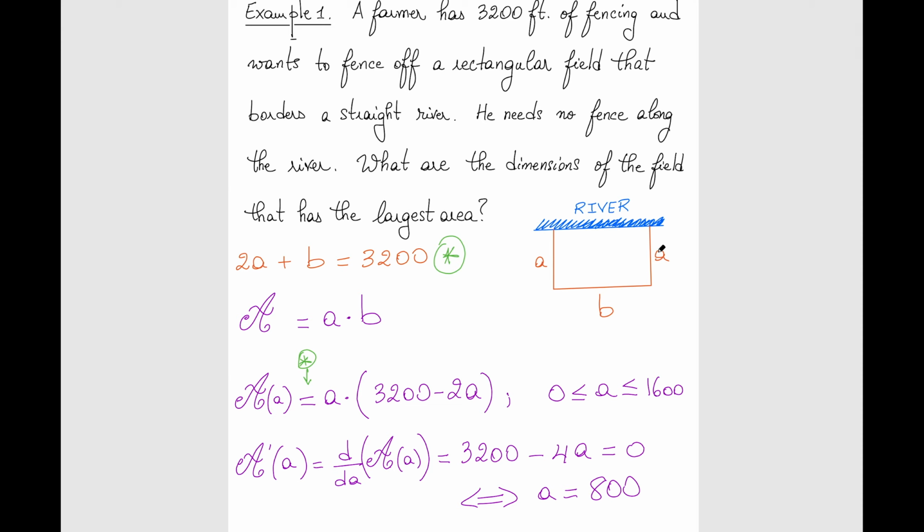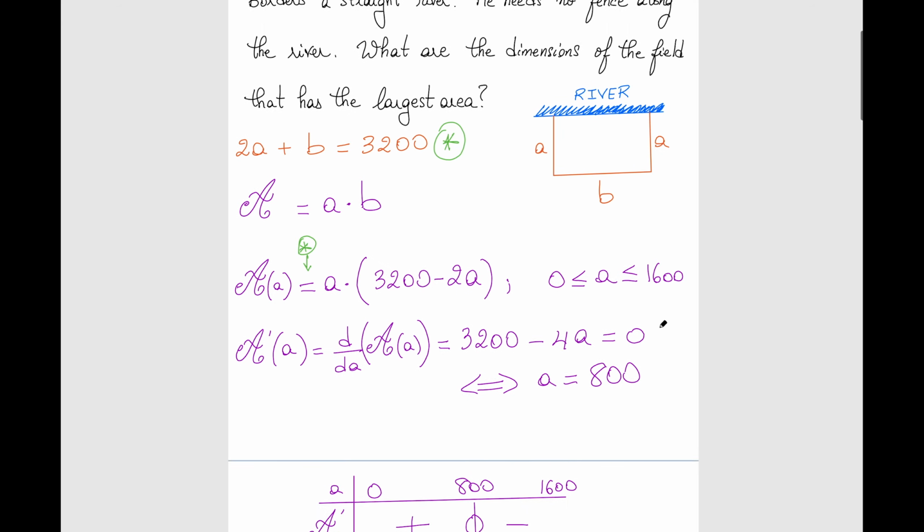So one of the dimensions they're talking about is known, right? At this point. So little a is known, it has to be 800. Now the question is, what should b be? Well, b and a are related via this recipe. Twice a plus b should be 3200. So asterisk is going to actually reveal to us what b is.